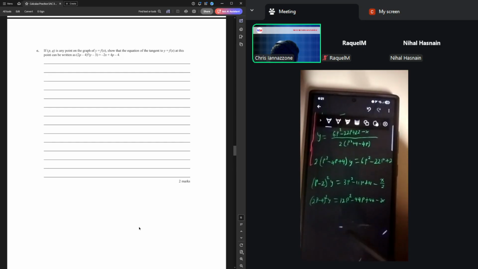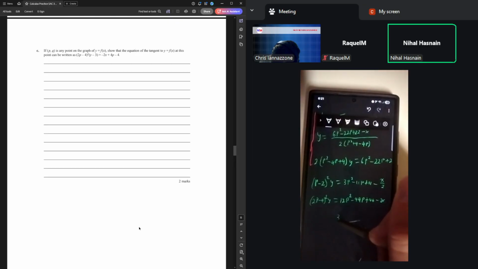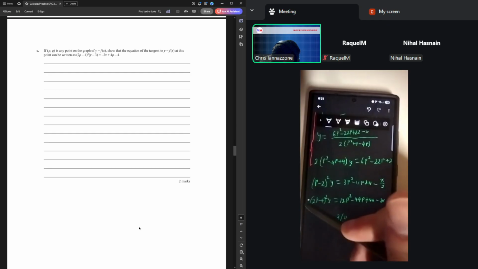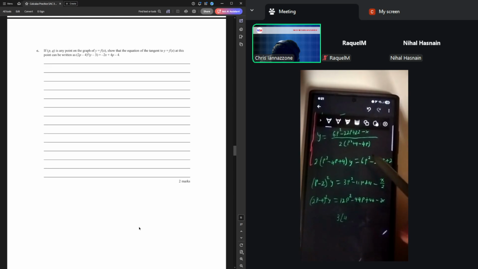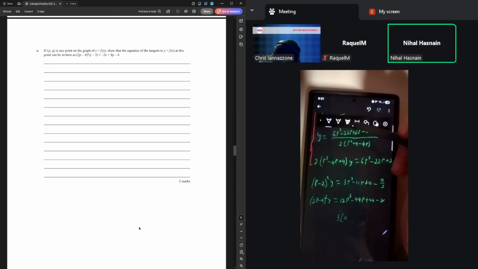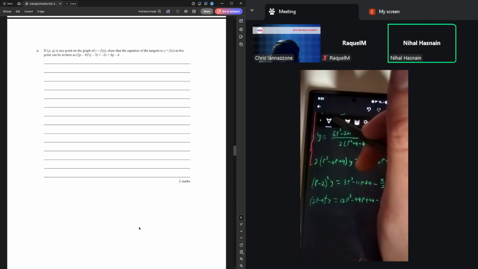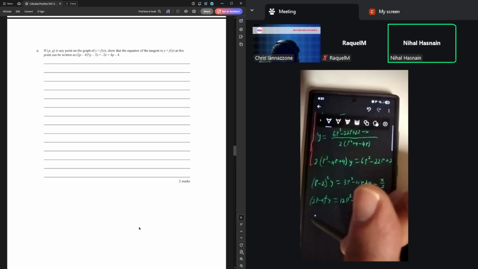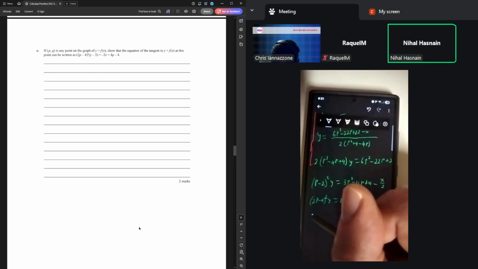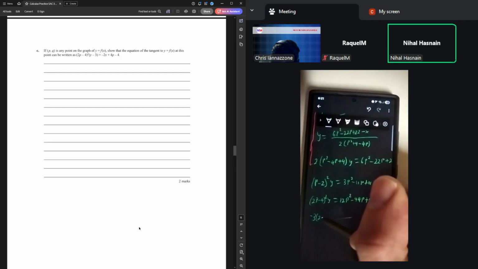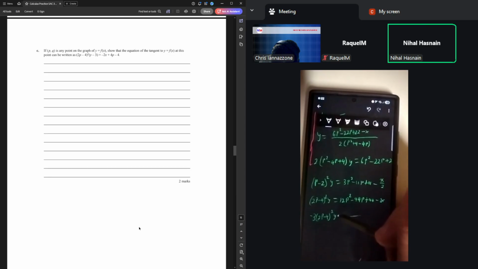Subtracting what? 3 times the whole of (2p − 4) squared. So we can subtract, do y minus 3. Yeah. We subtract that part from both sides. So minus 3 bracket open, 2p minus 4 bracket closed, squared.